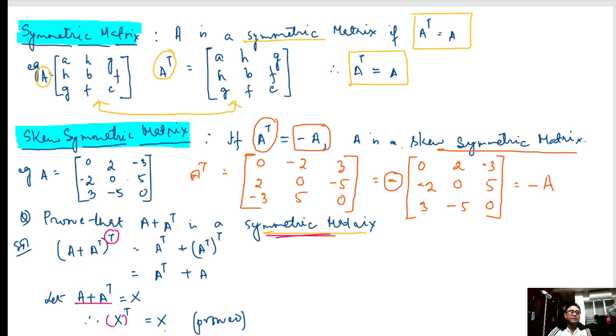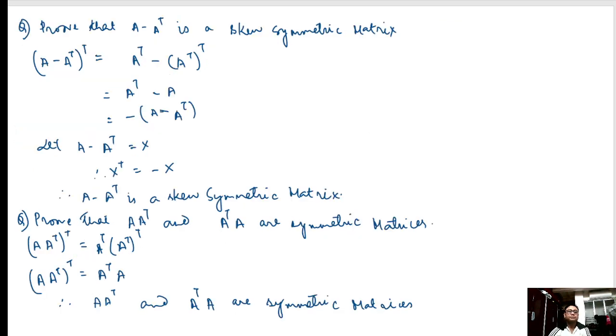So now let's see the next sum. Please watch here. Prove that A minus A transpose is a skew symmetric matrix. So let us do the transpose of this matrix. It looks like (A minus B) transpose, which means A transpose minus B transpose. So see, A transpose minus B, this is the B transpose, and the transpose will give you the original matrix.